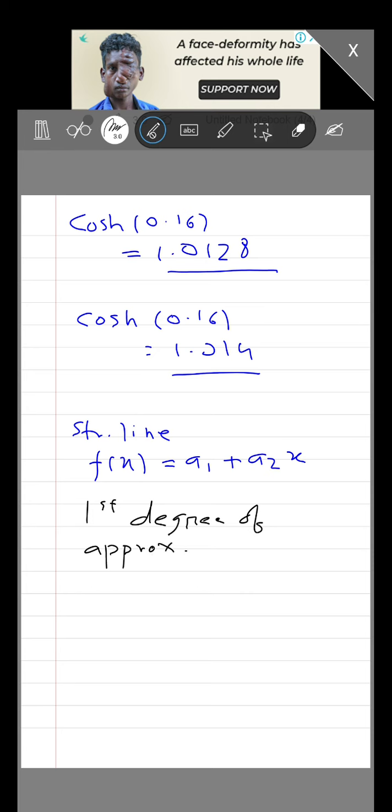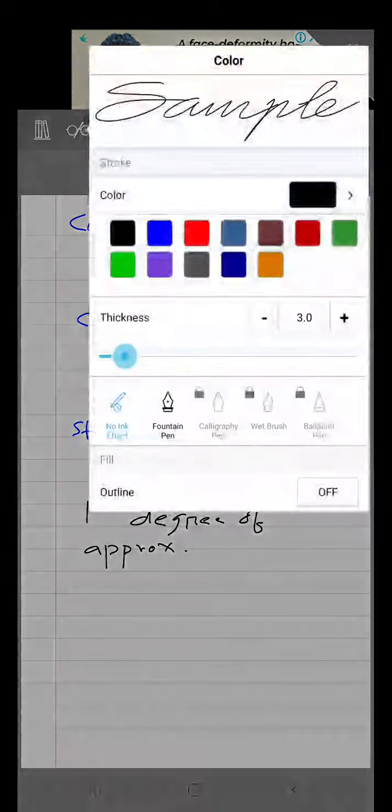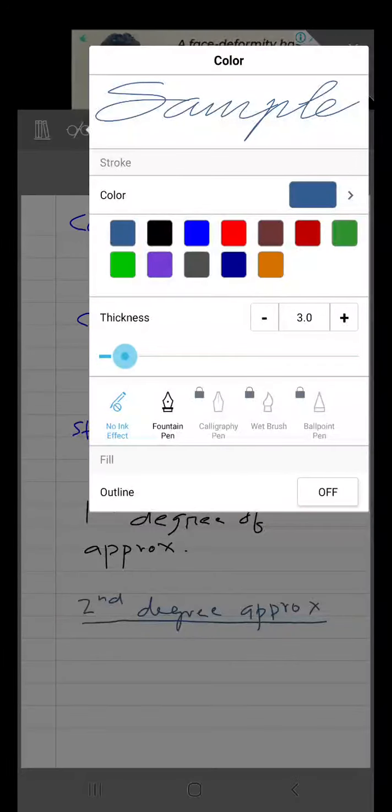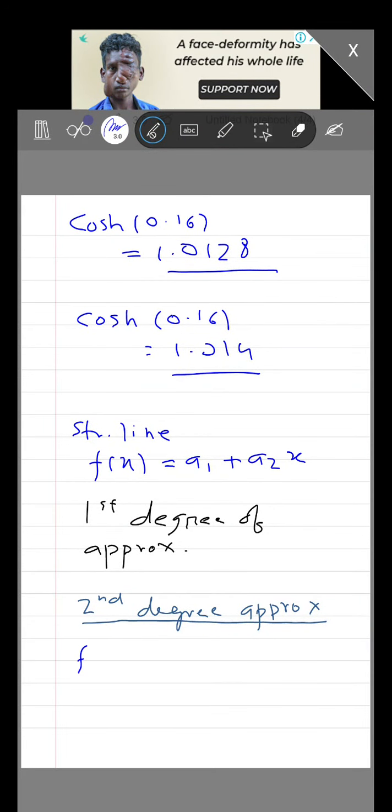Now when we use a higher order polynomial, that becomes the second degree of approximation. So if one uses the second degree of approximation, in this case a higher order polynomial is used, that is f(x) is equal to a1 plus a2x plus a3x squared.